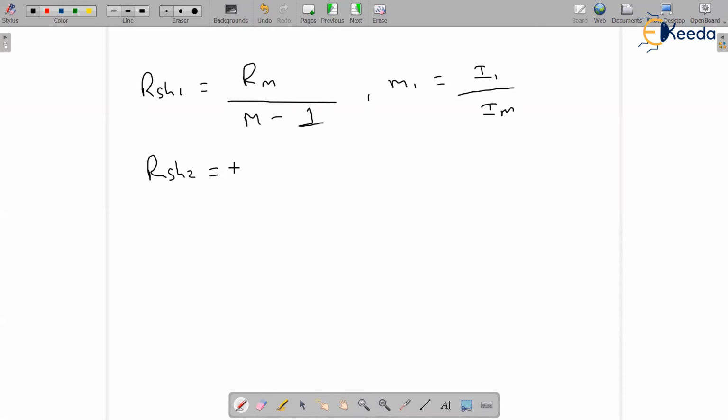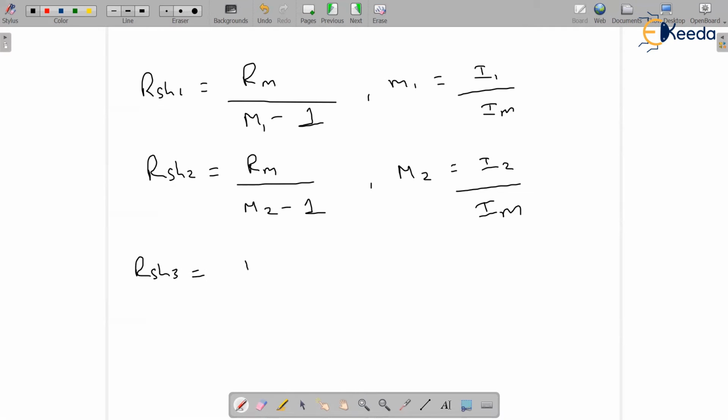RSH2 is equal to Rm by M2 minus 1, where M2 is equal to I2 by Im. RSH3 is equal to Rm by M3 minus 1, where M3 is equal to I3 by Im.